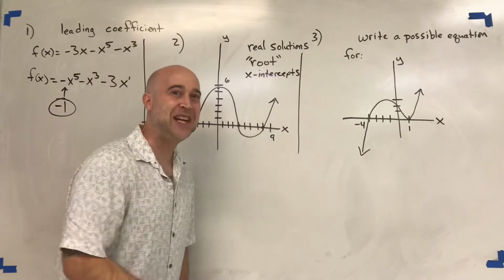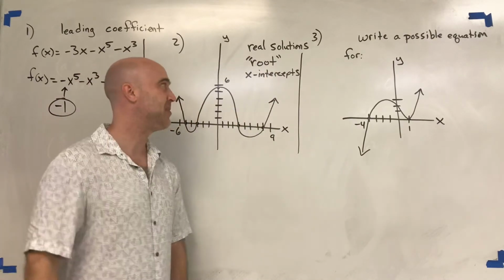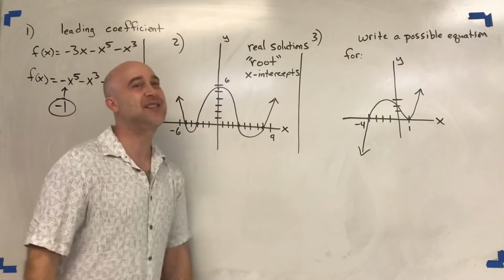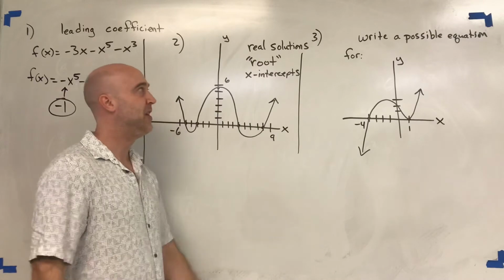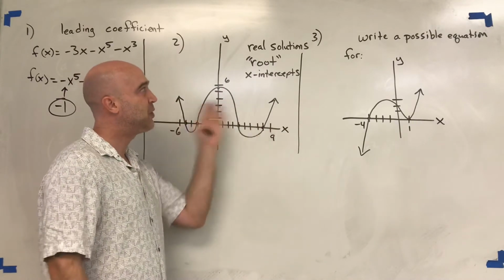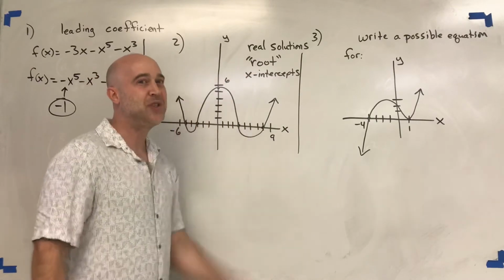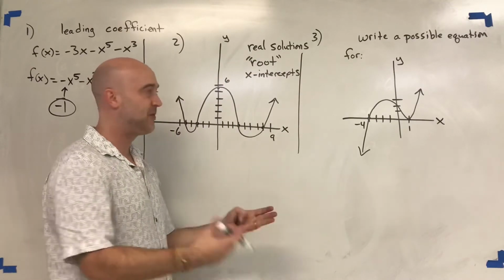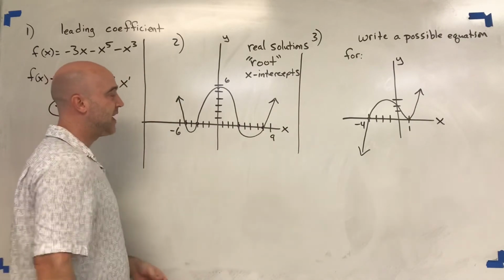Well, that makes it a lot easier. If we remember that real solutions, or roots, are the x-intercepts, then we can just look at the graph here. So x-intercept is the easiest because we're dealing with a graphical situation. If we were dealing with the equation, the word root would probably come out more because we're usually finding them as roots. So let's go ahead and look at where they're at.